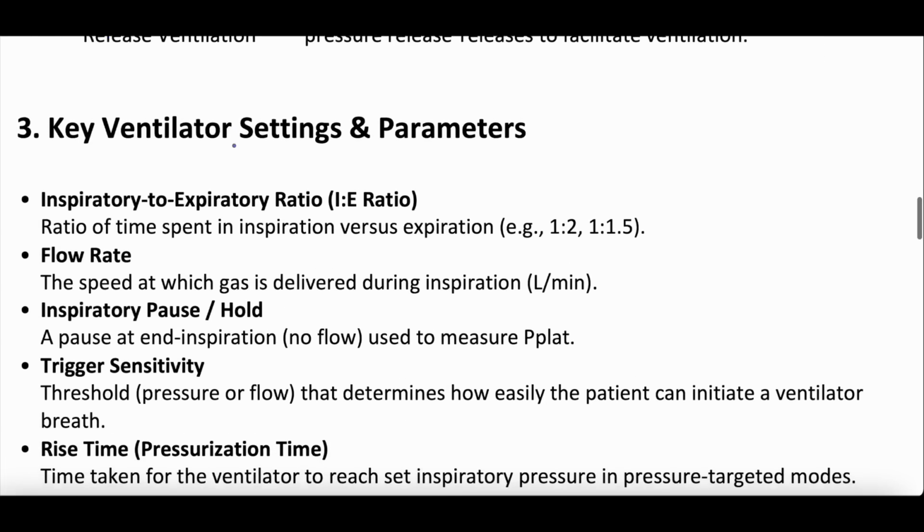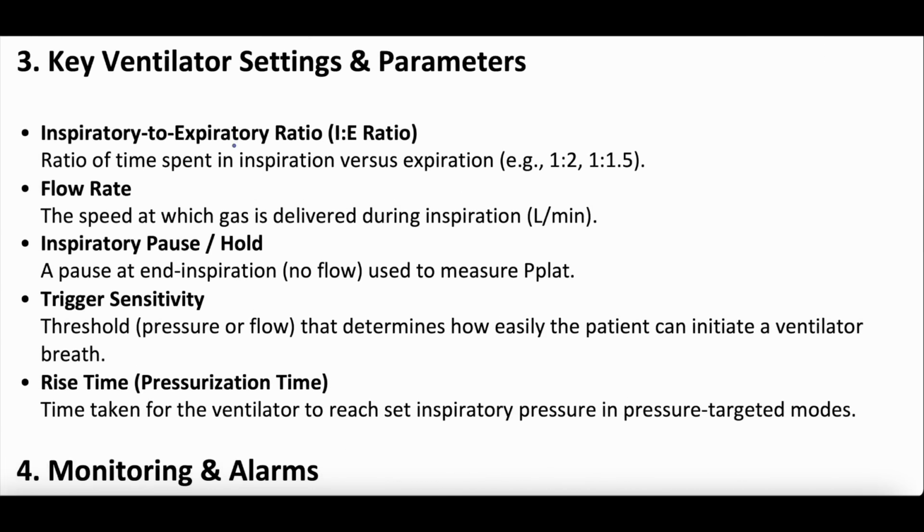All right, what about key ventilator settings and parameters? There's a couple things that are important to note here. The biggest one is the I to E ratio, the inspiratory to expiratory ratio. This is essentially the amount of time a patient has to inspire and expire on the ventilator, because we're setting a respiratory rate, and that rate has to be given within a minute.